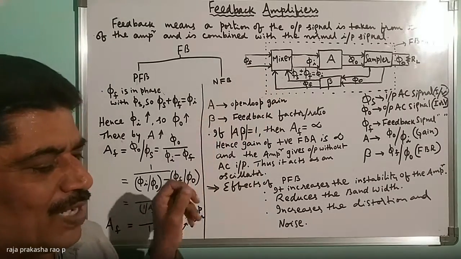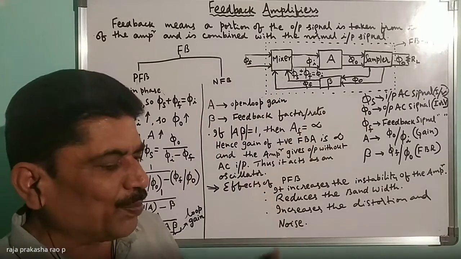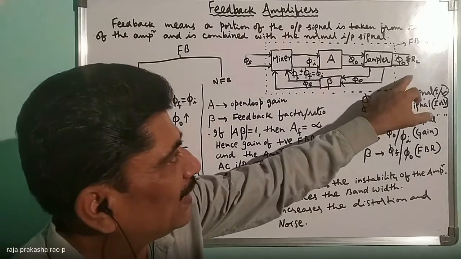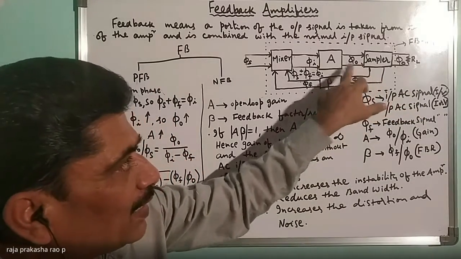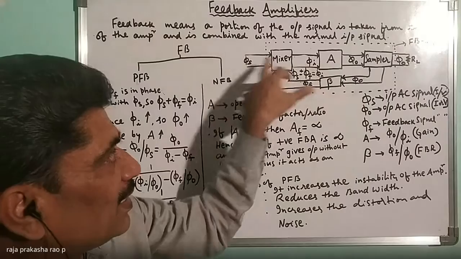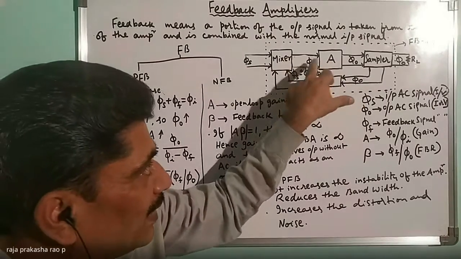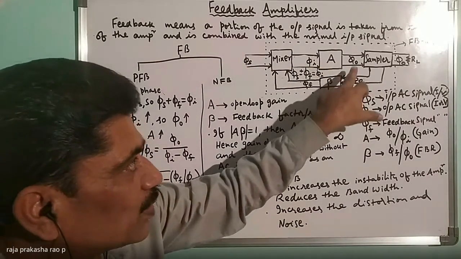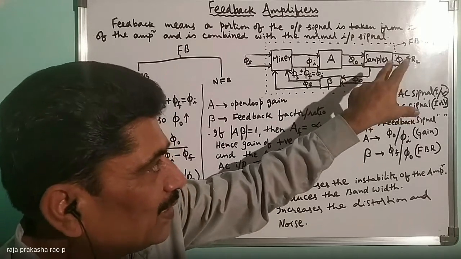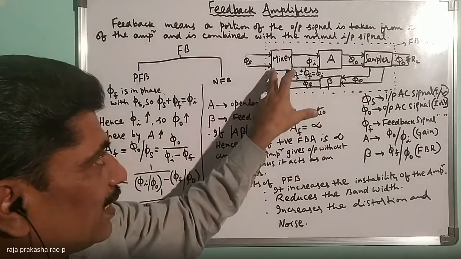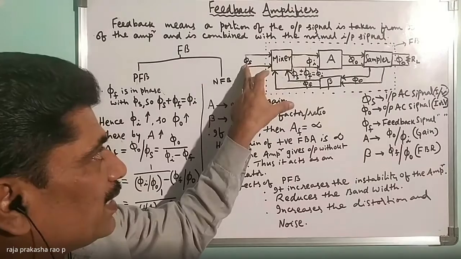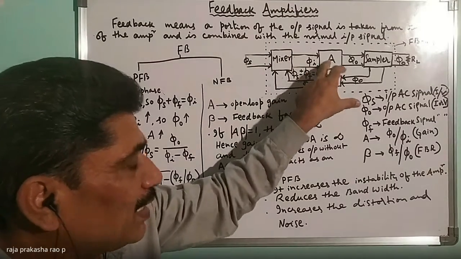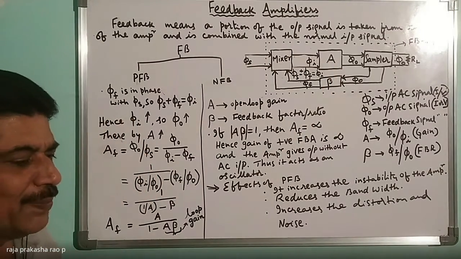In the feedback, what we do is we collect a sample, a portion of the output signal. Here the output signal is phi 0 and input signal for this basic amplifier is phi S and here it is phi I. Okay, a small portion of this phi 0 is collected and mixed with the input signal and applied to the input node of that basic amplifier.